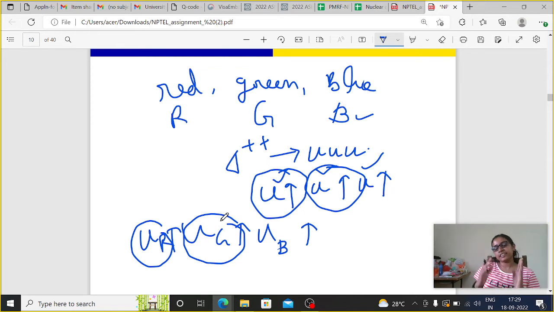If these two particles are not the same, then there will be no violation of Pauli exclusion principle. So we can totally solve our problem. That's why we are introducing here three colors RGB to resolve the problem of Pauli exclusion principle violation. Do you get my point?